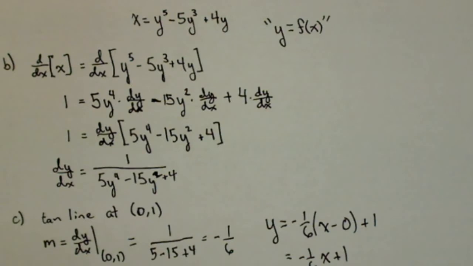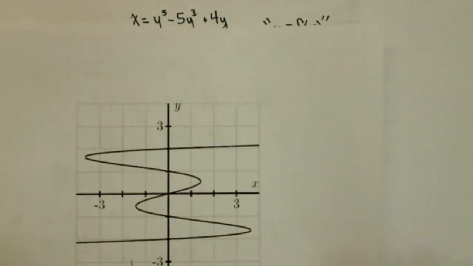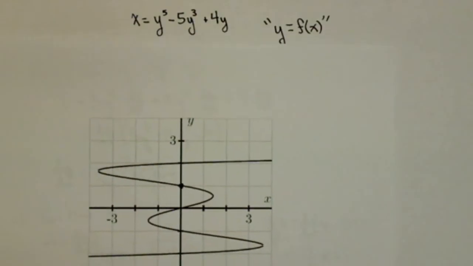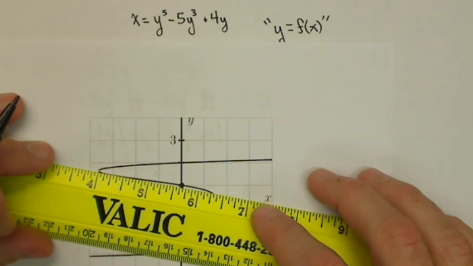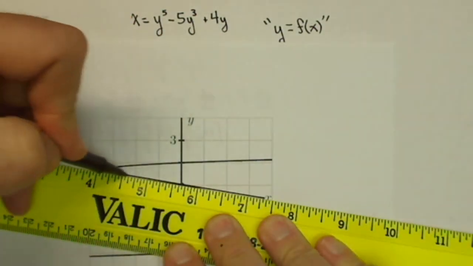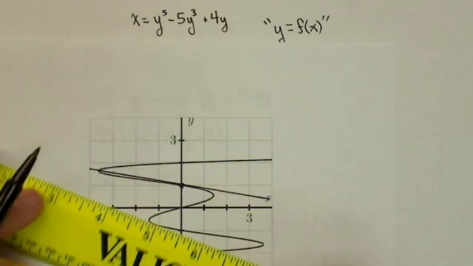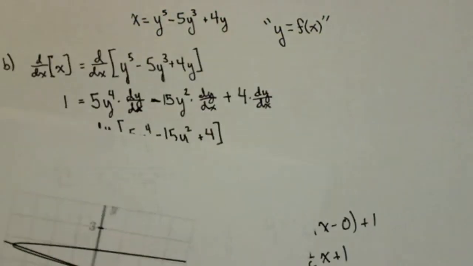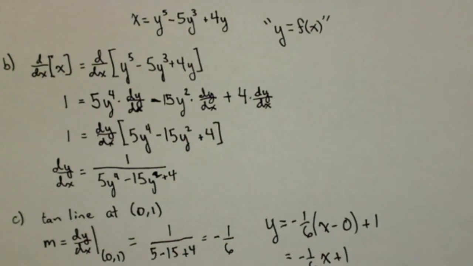Now we did our tangent line at the point (0, 1), so let's see where that is on our graph. Right there is our point. This tangent line we just found is going to look roughly like this, and we can see that negative slope as we draw our tangent line. Now the last thing we're going to do is find all the places where m is undefined.